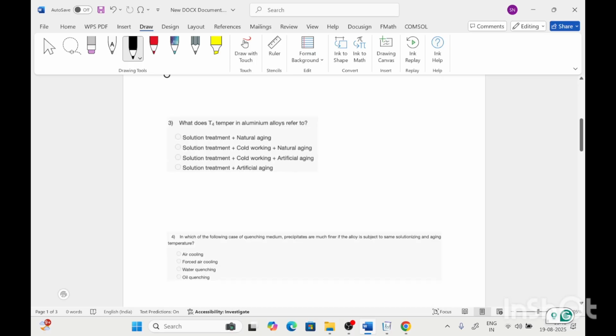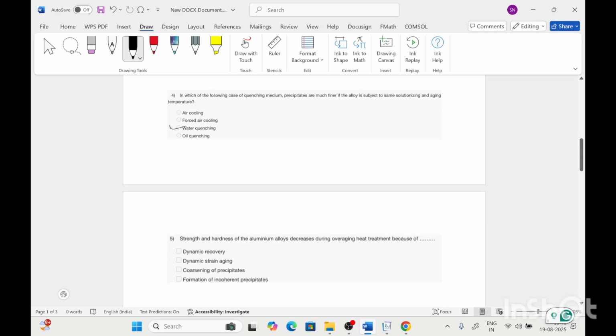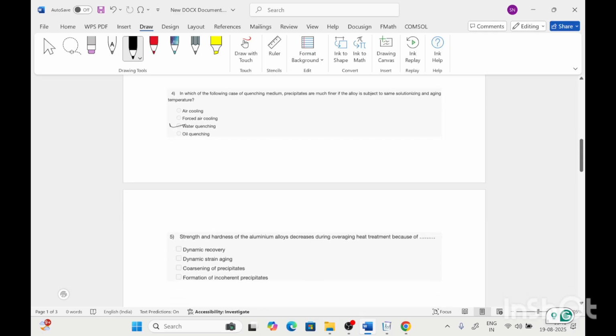Solution treatment plus natural aging. Yes. Then next question is, in which of the following quenching media are precipitates much finer if the alloy is subjected to the same solutionizing and aging temperature? Water quenching. Yes, because water quenching will allow the higher cooling rate.